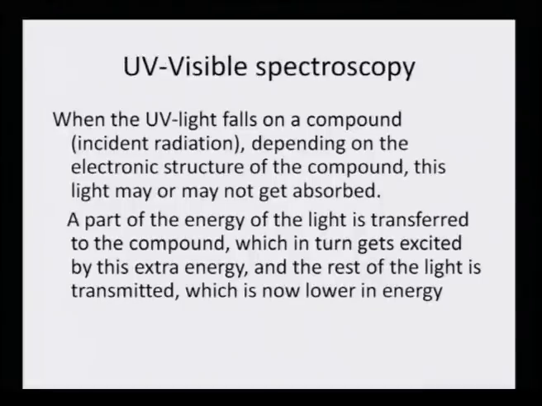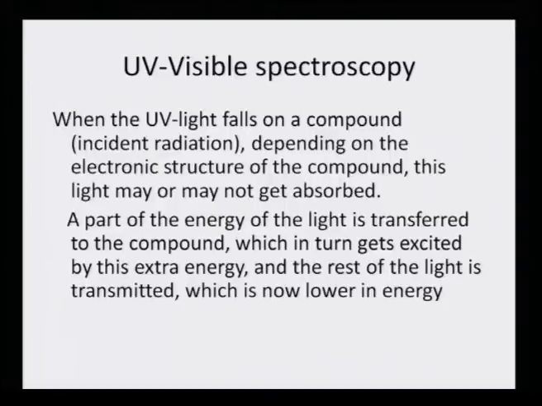UV spectroscopy, I will fleetingly inform you, is a tool which needs to be dealt with in much more detail at a later stage, but here I am introducing it because it is one of the parameters used for the analysis of eco compounds or eco friendliness of a compound.